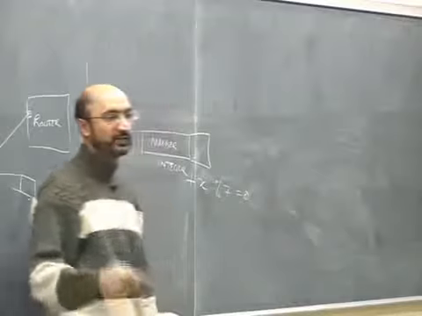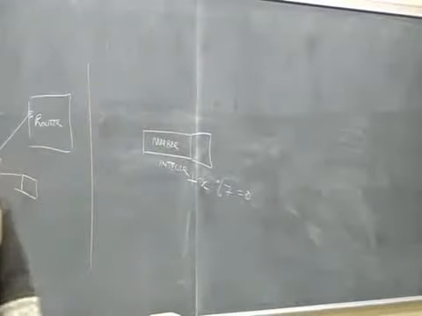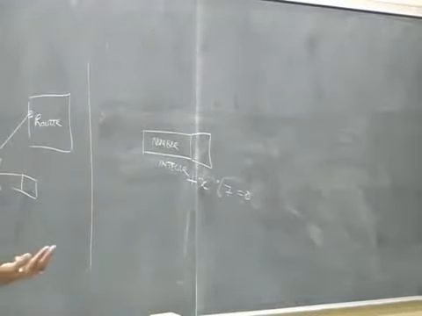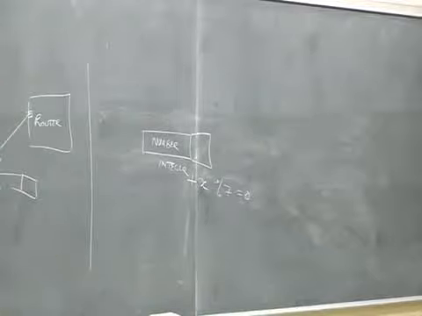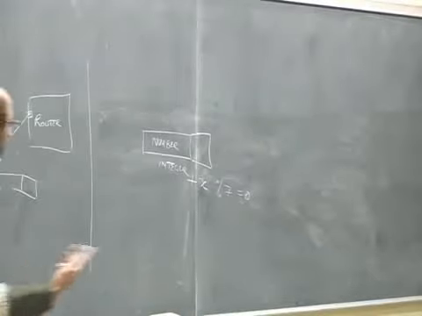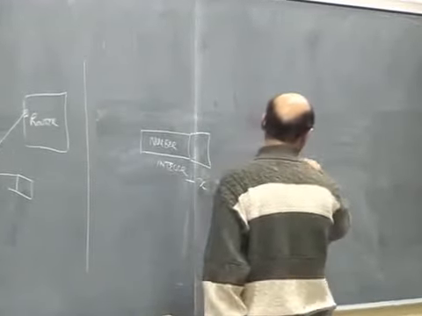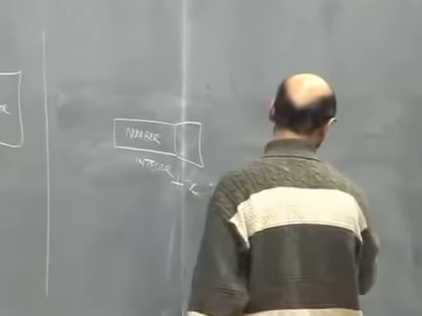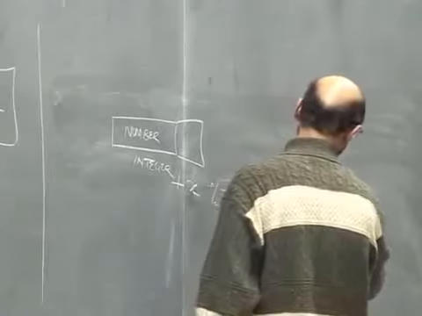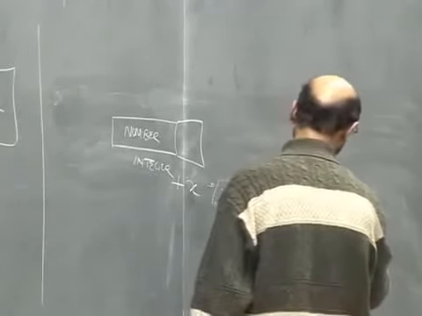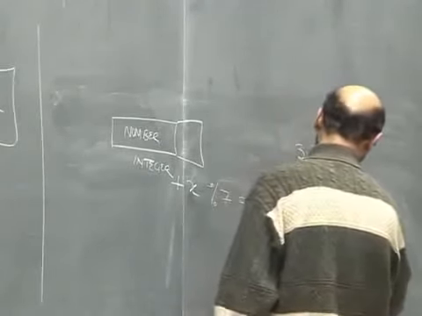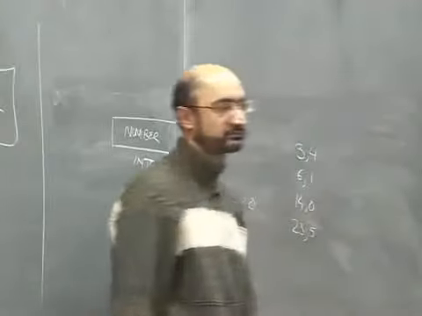So if I give you 3, I'll add 4 to it, and it's divisible by 7. If you give me 6, I'll add 1 to it, which makes it divisible by 7. So if you want to send 3, you actually send 3, 4. If you want to send 6, you send 6, 1. If you want to send 14, you send 14, 0. If you want to send 23, you send 23, 5, and so on.